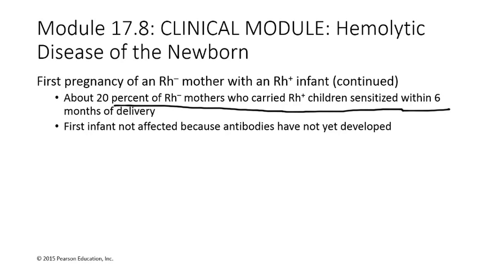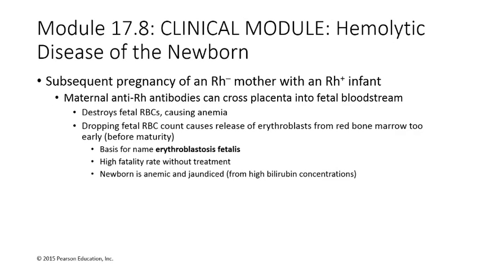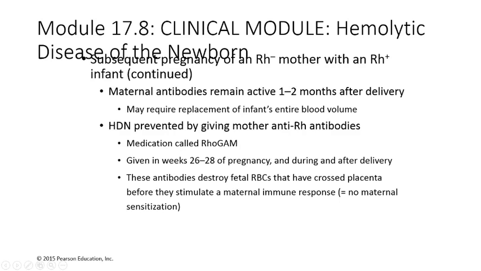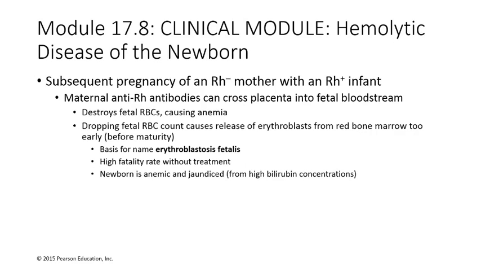So the first baby, no problem, because the mother had not yet developed antibodies. The problem is the next pregnancy where there is an Rh positive infant. The second and third child, if they were Rh negative, would not be a problem. It's the next Rh positive child. And what happens, again, is that the maternal anti-Rh antibodies cross over the placenta, enter the fetal bloodstream, and start destroying the baby's red blood cells, causing anemia.